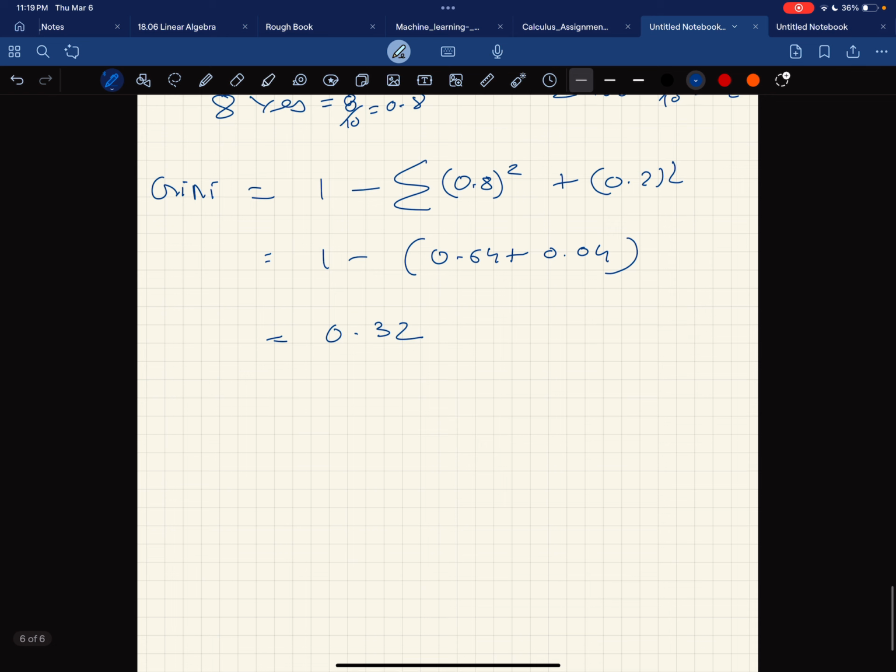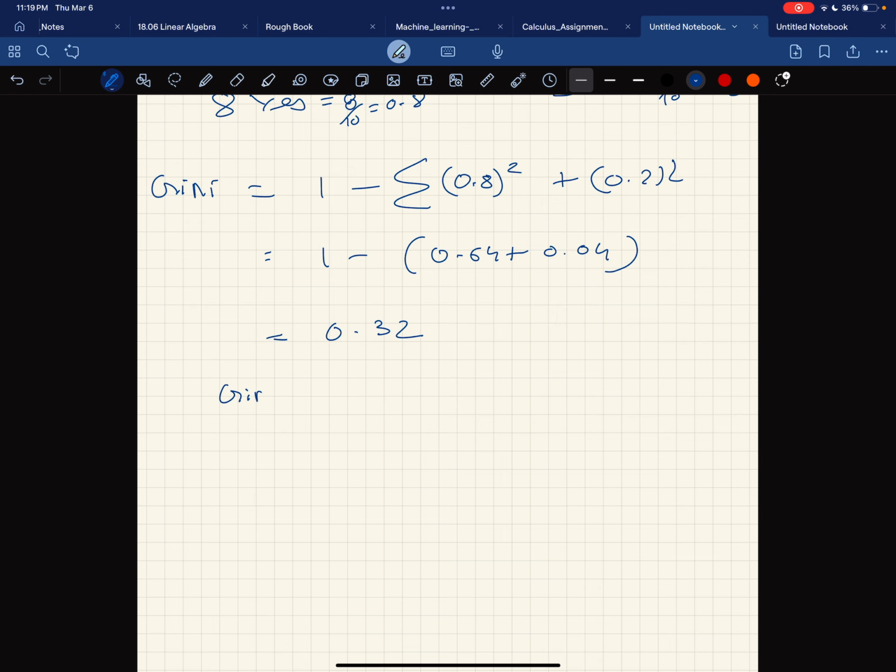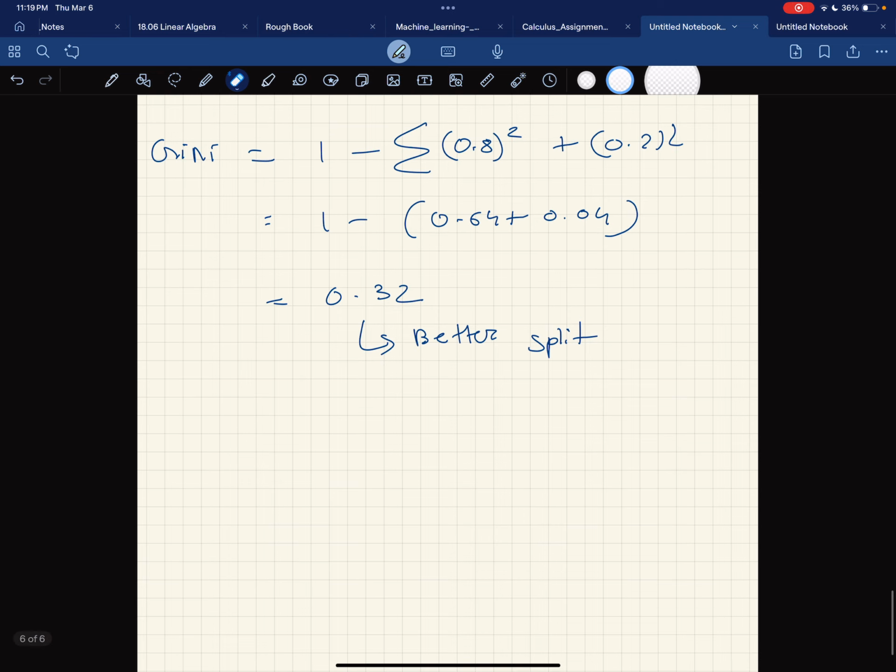So if Gini impurity ranges from 0 to 0.5, we can consider 0.32 as a better split. We generally target 90% classification, not perfect classification. So that's the ideal case, the industry standard, we can tell.